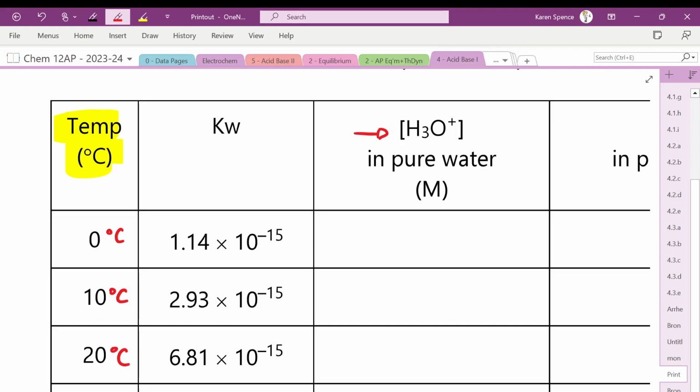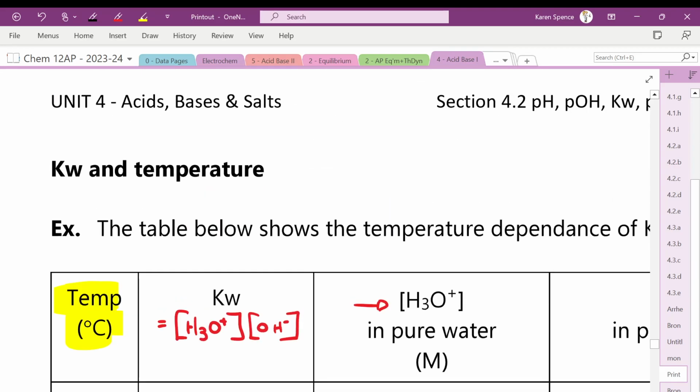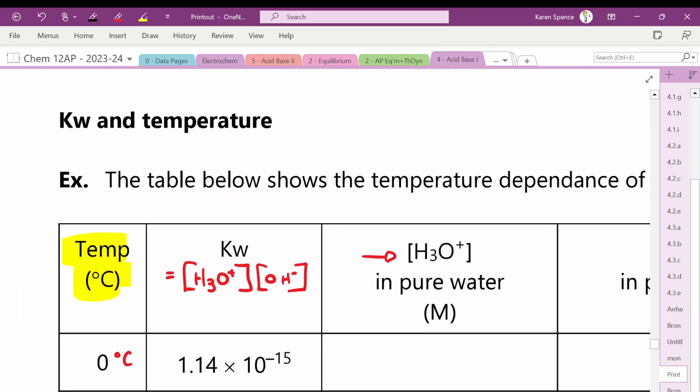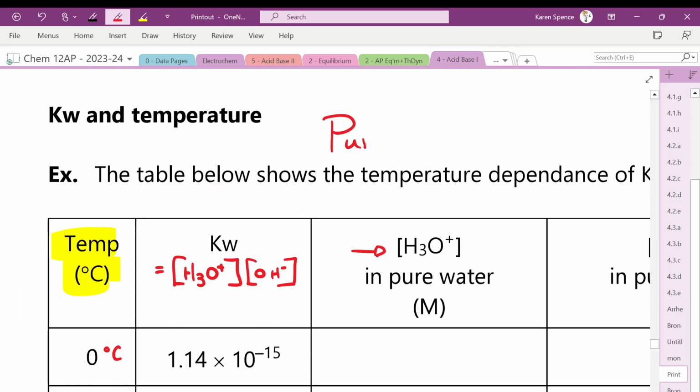Kw. And what's Kw equal to? Hydronium times hydroxide, right? Now, what substance are we dealing with here? We are dealing with pure water.